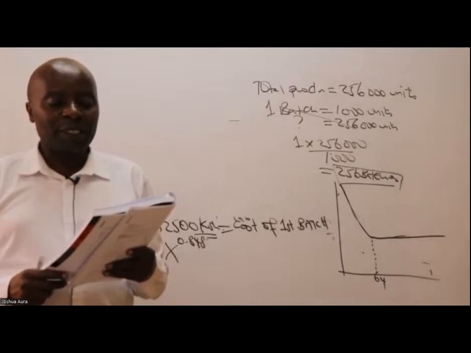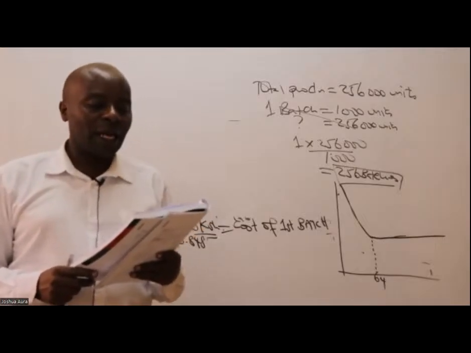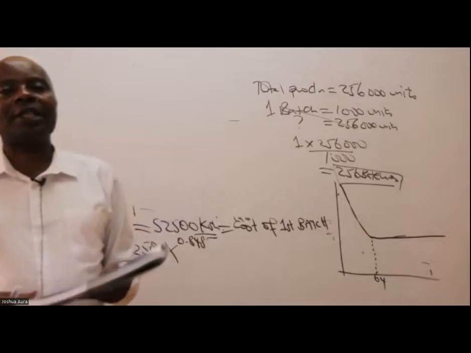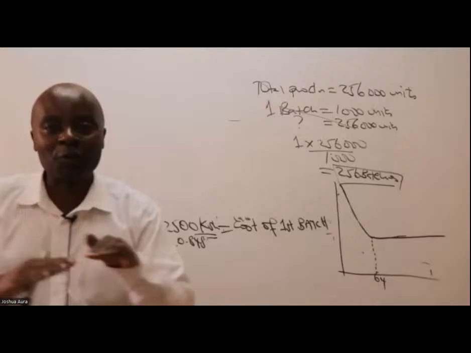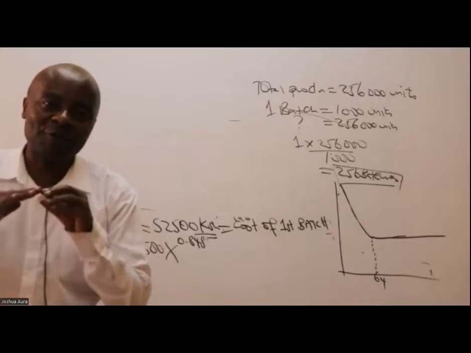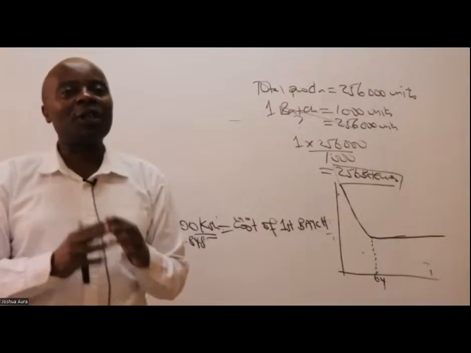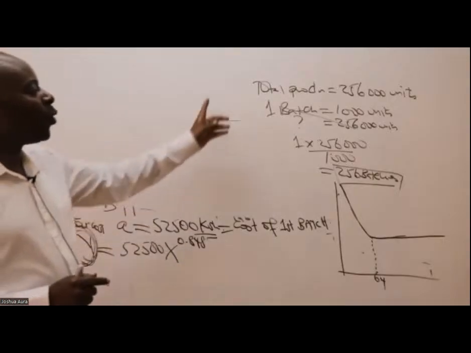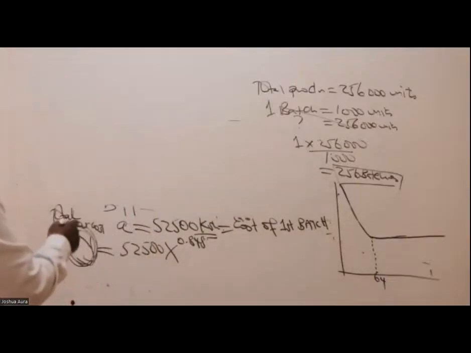It is expected to achieve a 90% learning curve, but the learning would cease after the 64th batch. So our learning will go straight to batch number 64. So 64th batch is our batch of stability. So we can only use the learning equation up to batch number 64. Therefore, what is the total time?